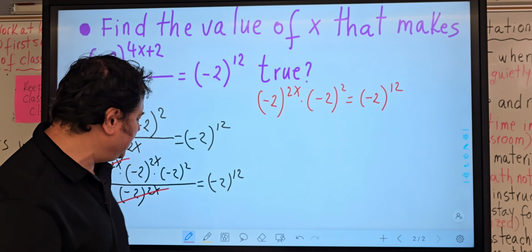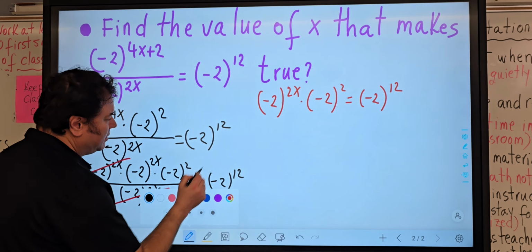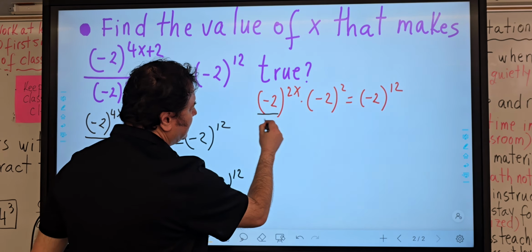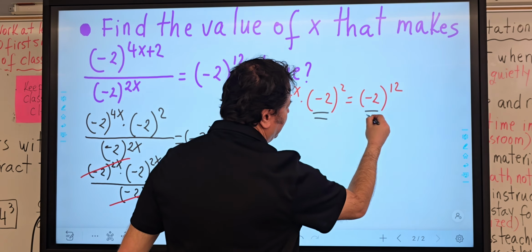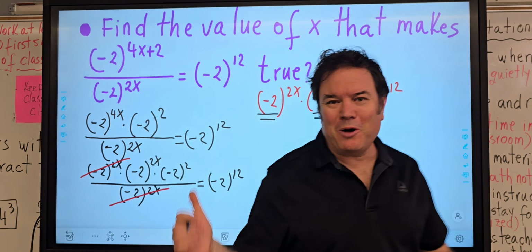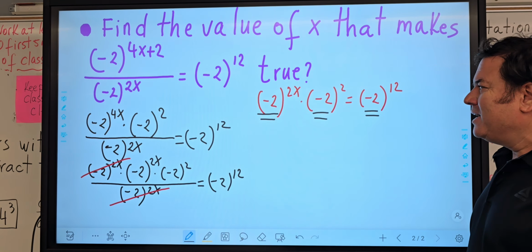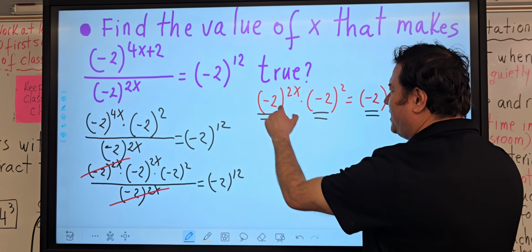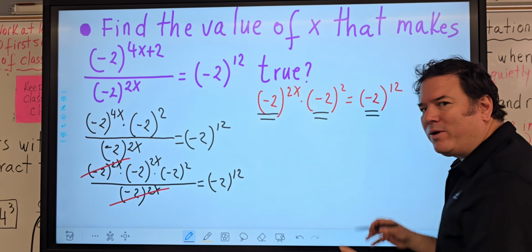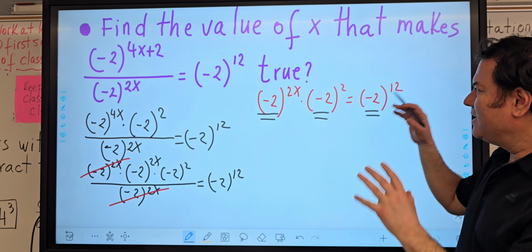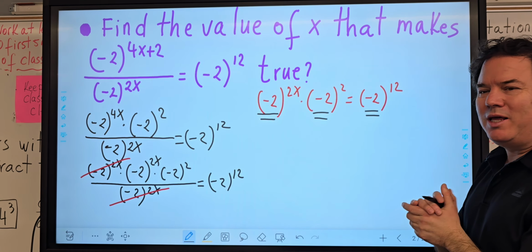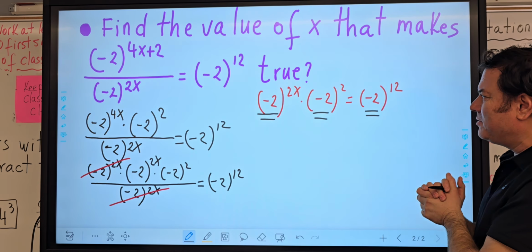We have the same bases here, right? Take a look. The same base, the same base, the same base. And remember, based on our little examples we had earlier, if we were able to get the bases to be the same, right? Now we can conclude that the exponents should equal.